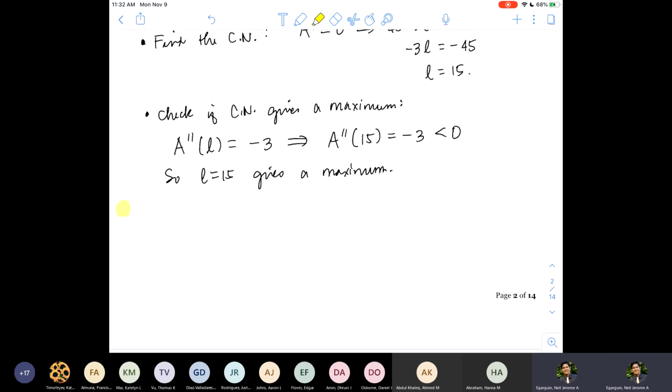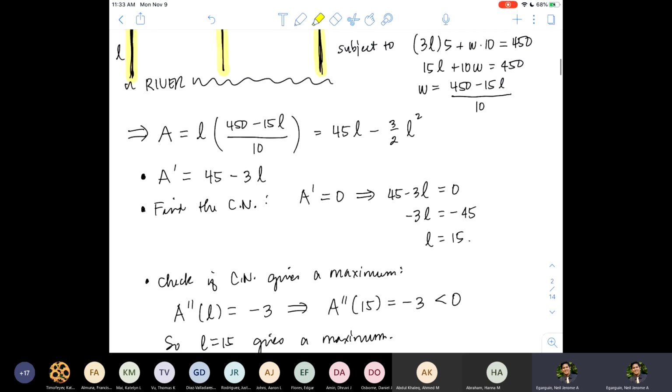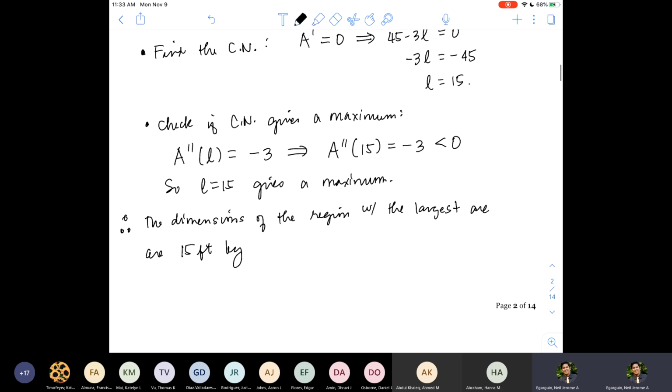So we can say that therefore, the dimensions of the region with the largest area are, so the length would be 15 feet by what would be the width. But the width, remember, is computed this way, 450 minus 15L over 10. So maybe we should compute that before we write the conclusion.